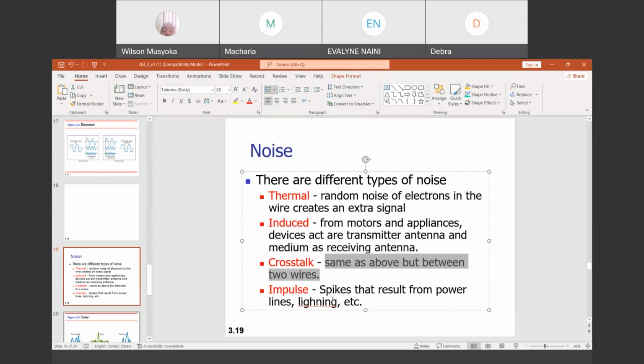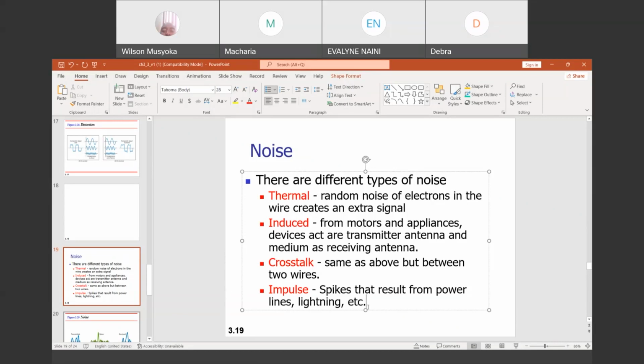And then there is also impulse noise, which comes from power lines or something to do with lightning. So it could be something which is natural or power lines which are interfering with the transmission that is taking place, or another introduction. That is why we call it an impulse. Another introduction of electromagnetic wave which comes as an impact to the current transmission, whereby transmission was taking place normally, and maybe it was raining, and then lightning strikes.